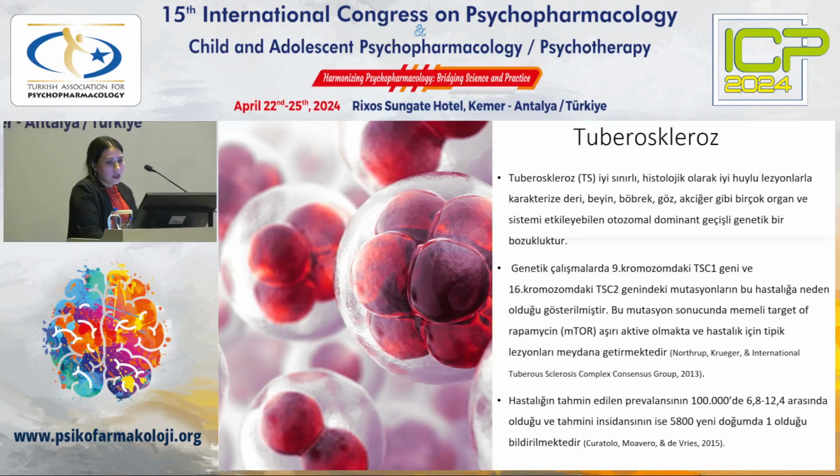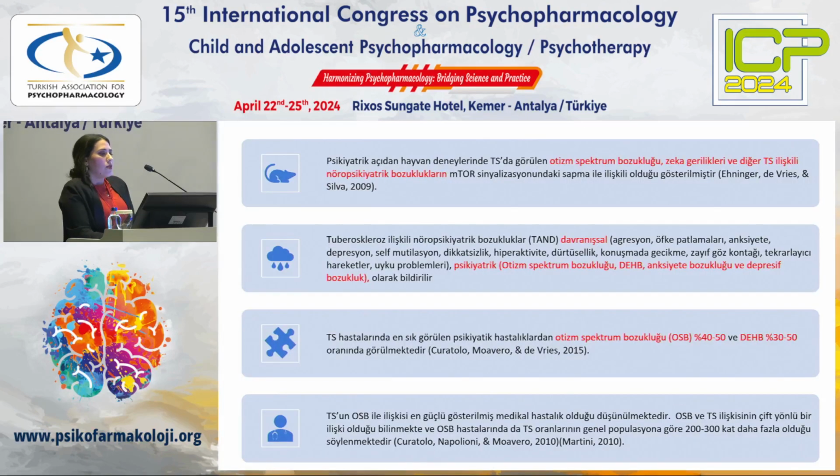Tuberous sclerosis is an autosomal dominant genetic disorder characterized by well-circumscribed, histologically benign lesions. Genetic studies show that mutation in the TSC1 gene on chromosome 9 causes this disease.